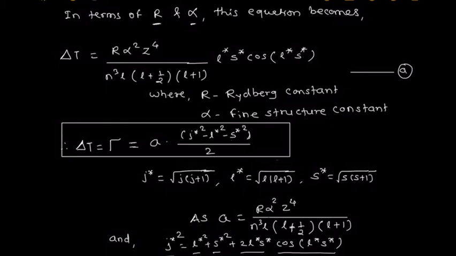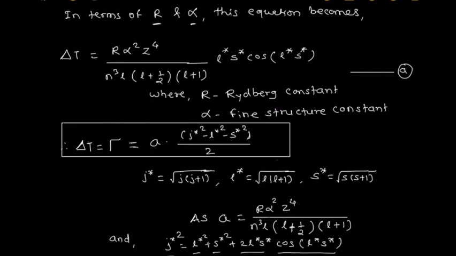All other terms are constants, which we expressed earlier in terms of R and alpha, that is the A. Hence, the term shift in wave number delta T or tau is equal to A into bracket J star square minus L star square minus S star square divided by 2.